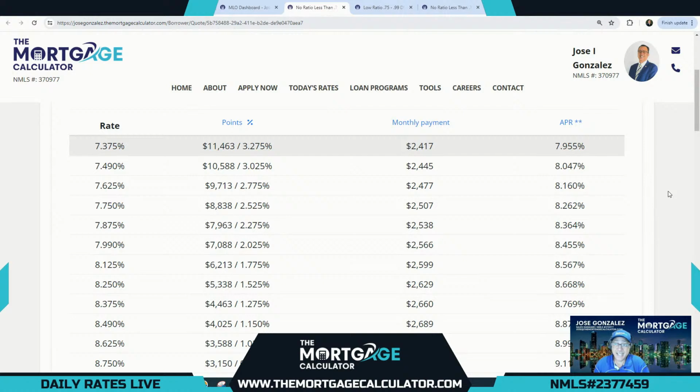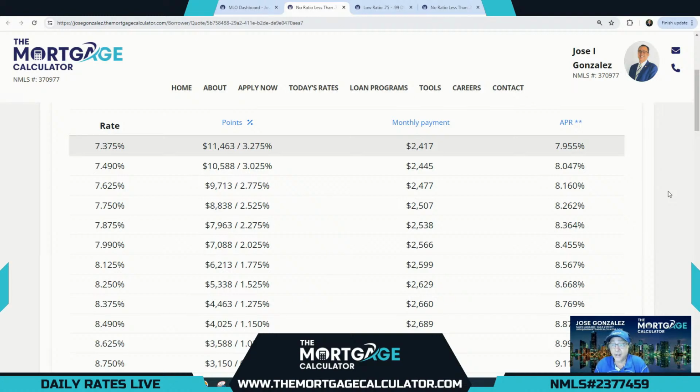So as you can see, the DSCR should never be a hindrance to you being able to close your DSCR loan, unless the borrower just doesn't have the 25% down for the purchase, or doesn't have the equity for the refi to do it at a 70 or a 75% LTV, depending if you're low ratio or no ratio. But 75% LTV, definite amazing option for both of these products for the purchase.